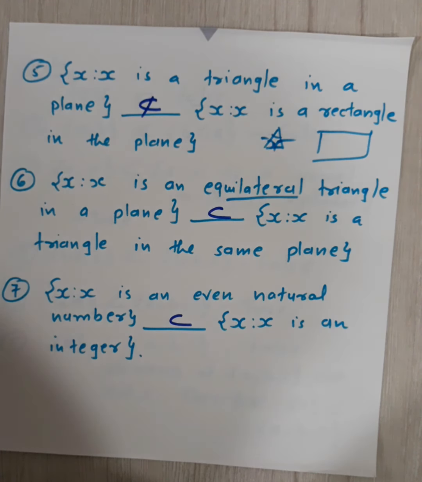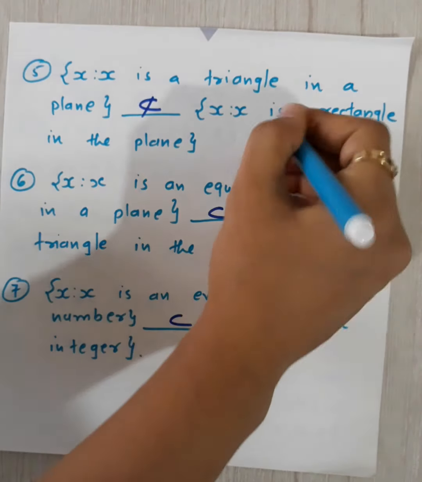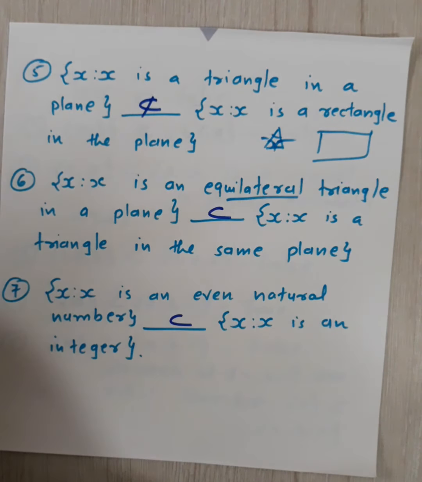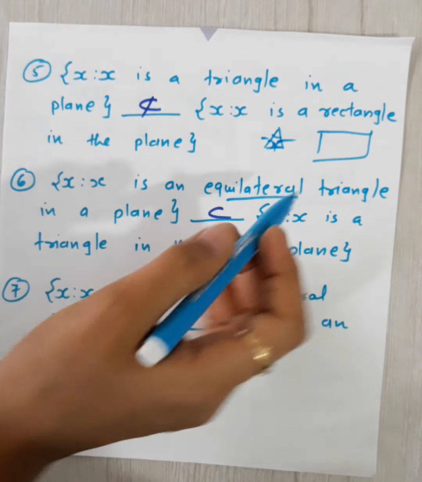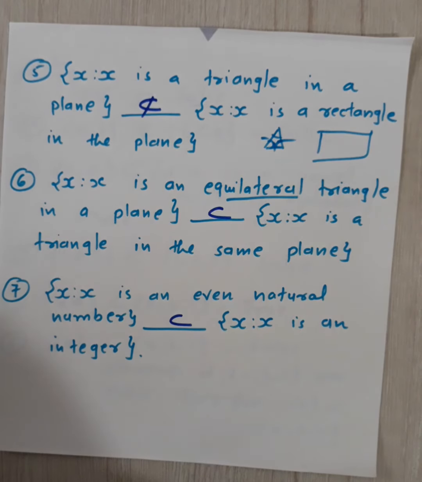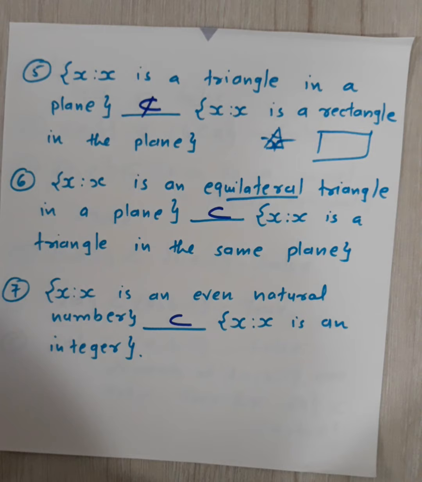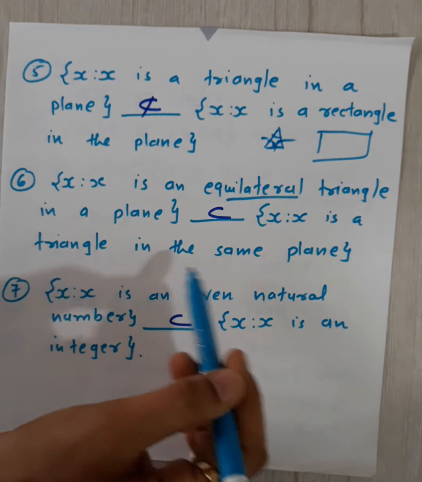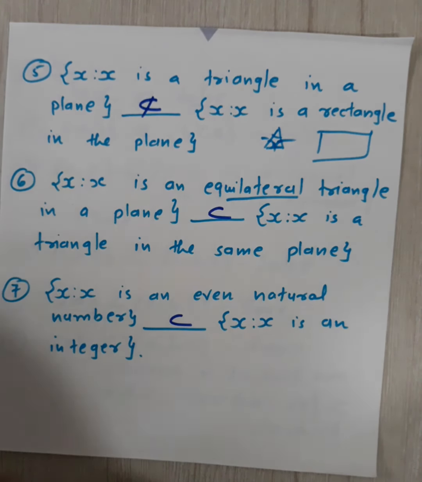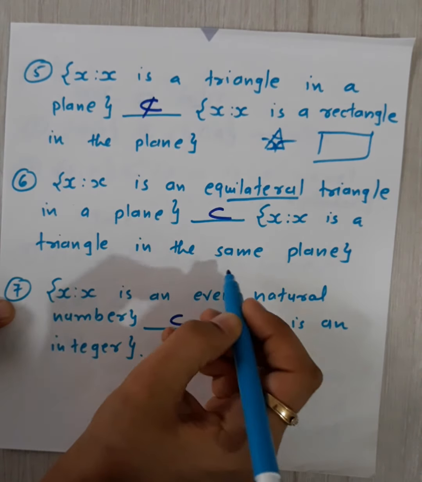Equilateral triangle means all the sides are equal, and all the angles are also equal in familiar Euclidean geometry. In general terms, sides are equal, but if we talk about familiar Euclidean geometry, then we can say the angles are also the same, right? So now you have to tell that dash, X is a triangle in the same plane. So yes, it's a subset of triangle in the same plane.